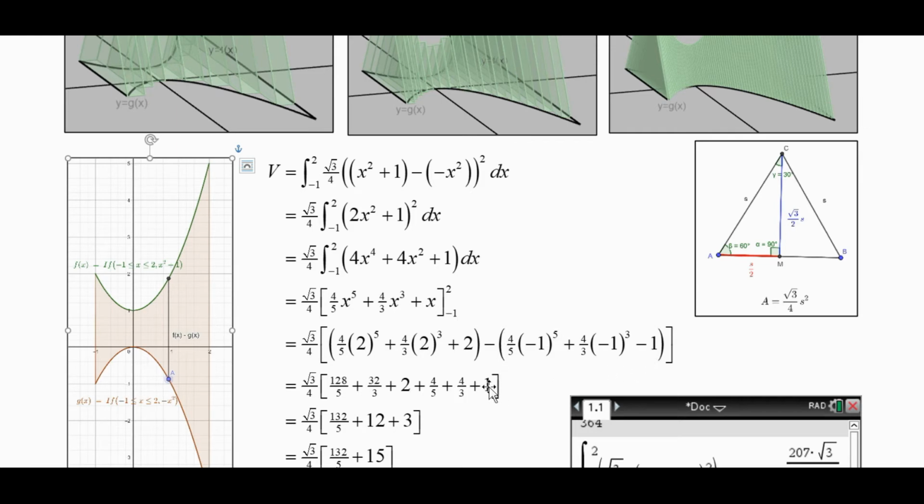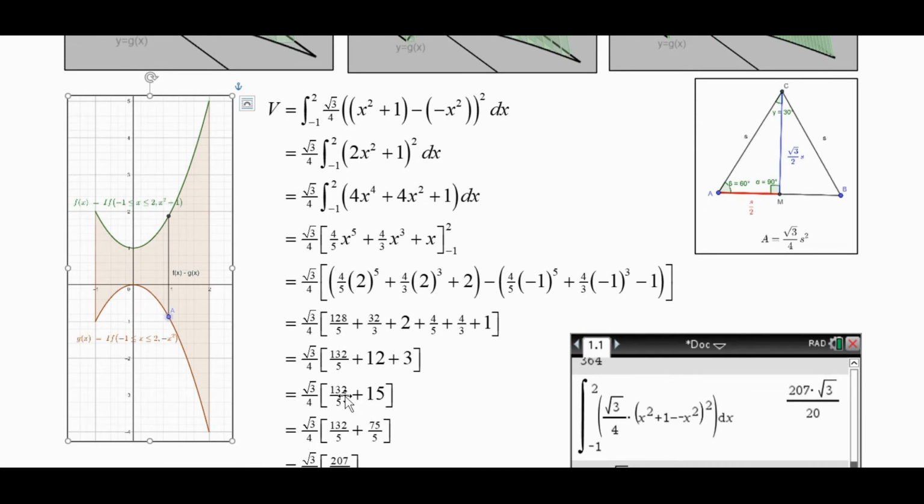And 1 negative, that's 1. Let's see, 2 plus 1 is 3. 4/5 plus 128/5 is 132/5. 32/3 plus 4/3 is 36/3, which is just 12. And 12 plus 3 is 15.